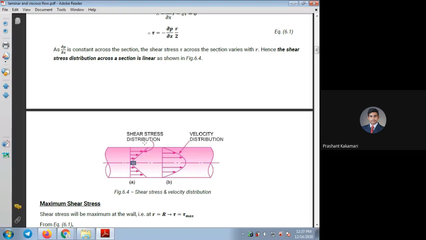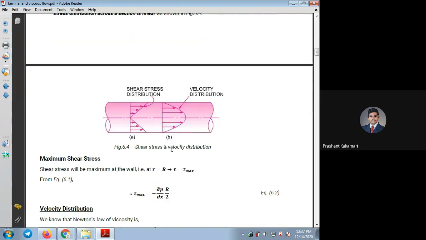That is shown with this graph. And you already know how the velocity distribution will be. At the center of the pipe, the velocity will be high due to low resistance. Near the wall, the velocity of the laminar flow particles will be very low because of the high resistance. So that is again explained here.